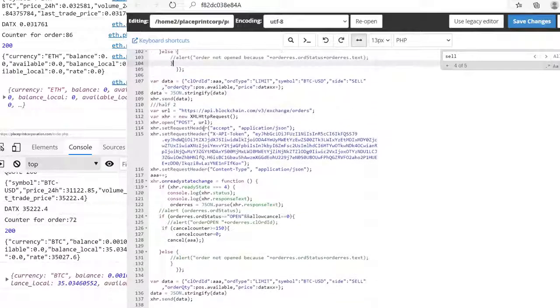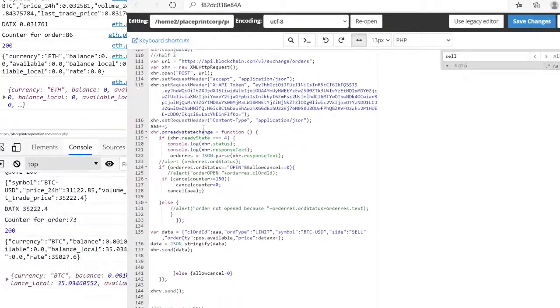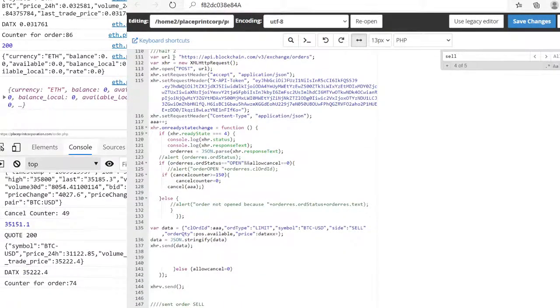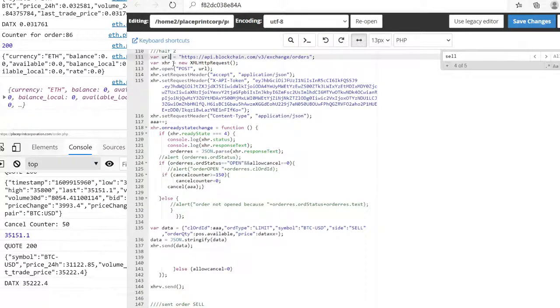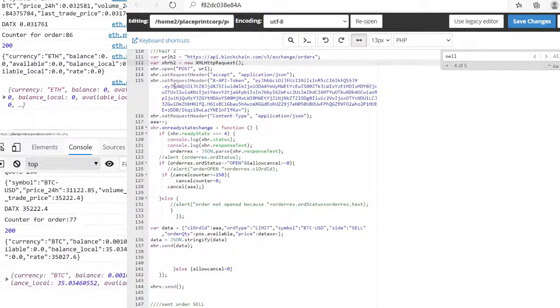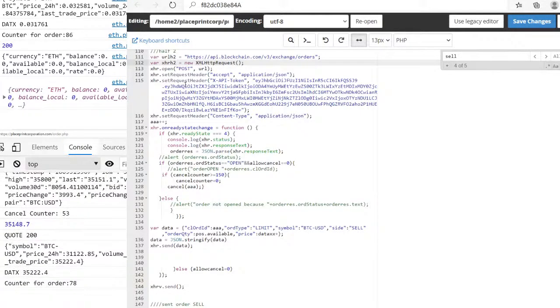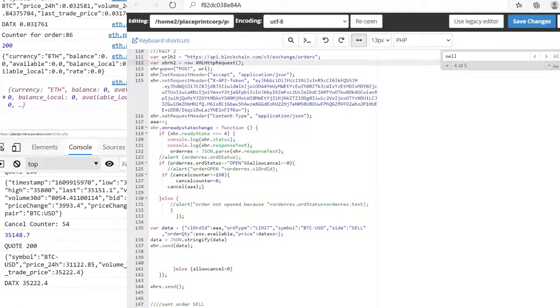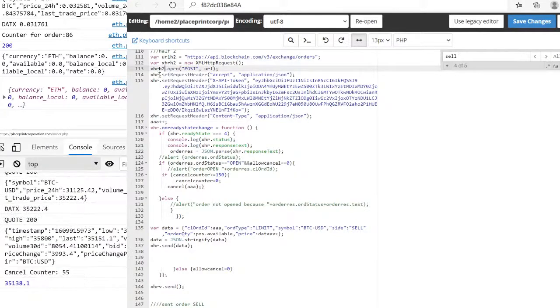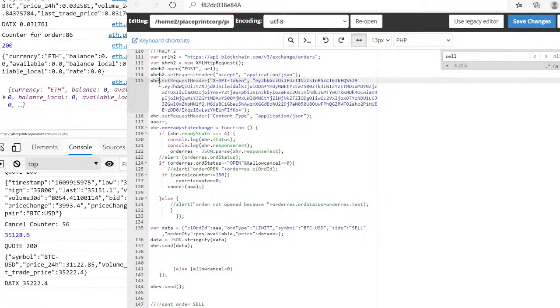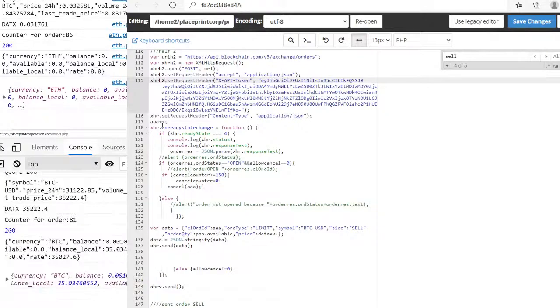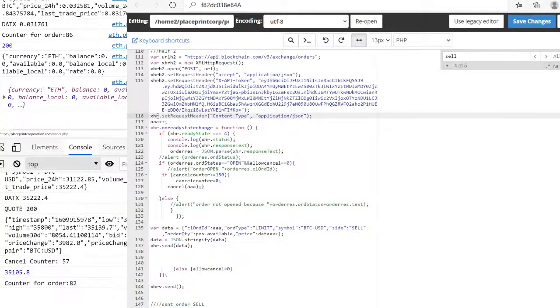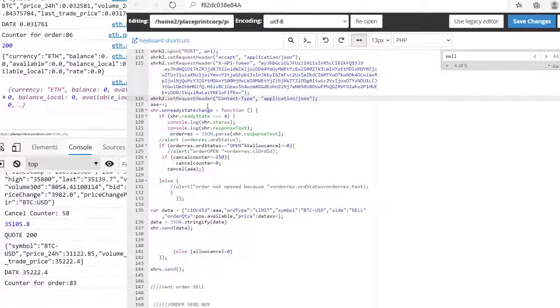Where is it? Half 2, okay. Rename all of these variables. Okay, URL H, because it's half. You could do H2 if we want to be technical. URL H2, XRH2, XRH2, and you have to do this for everything.